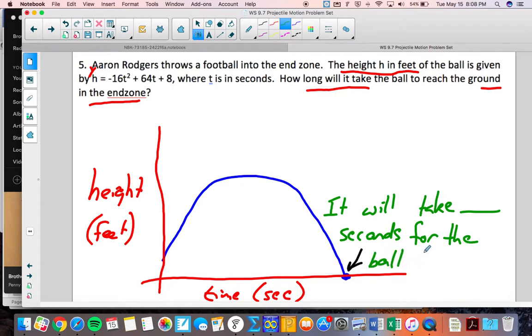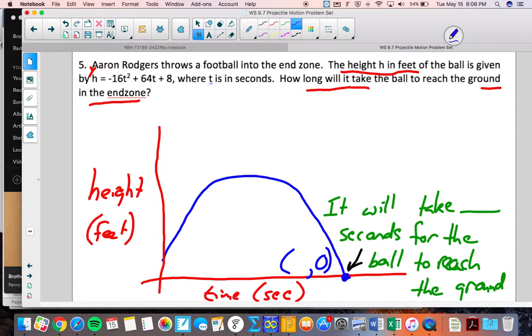We don't know the time, but we do know the height. The height would be what in feet at the ground? It would be 0 feet. So we're looking for this coordinate: something comma 0, because our y or height is 0.